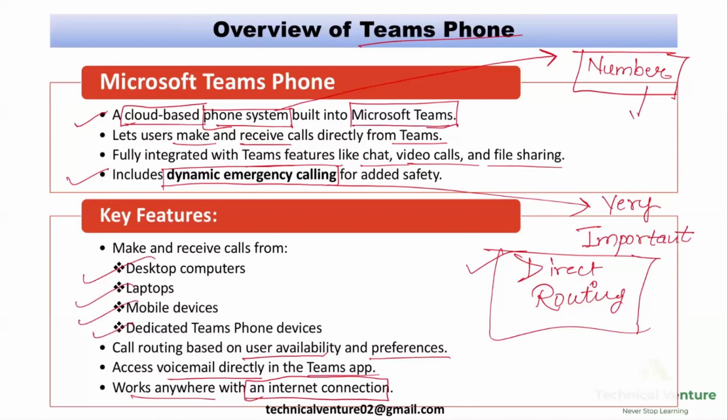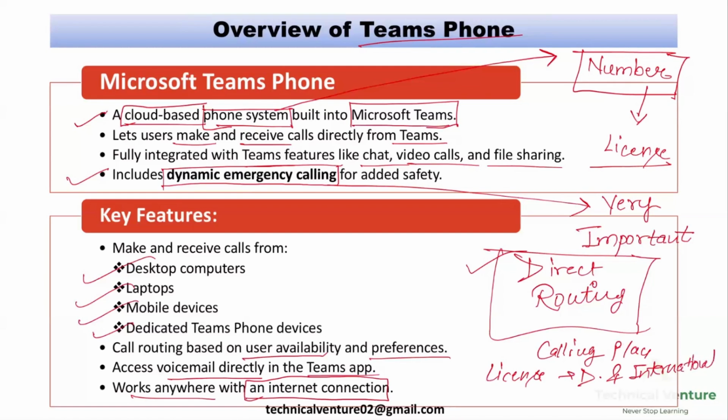That requires a different license as well to make the call, right? If you're using direct routing, a different license. If you're using calling plan, you need a calling plan license. We have calling plan licenses as domestic and international as well. We are going to discuss all these things maybe in today's video or in upcoming videos.